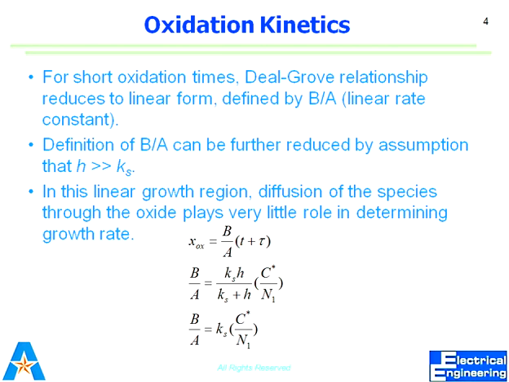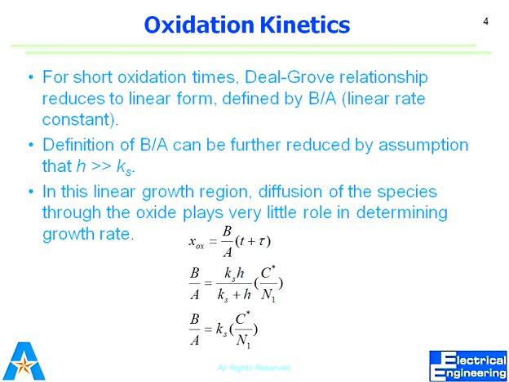Now you understand why Deal-Grove's equation reduces to the linear form for short oxidation times: because we ignore X oxide square, being very small, and we get this. And B over A is the linear rate constant.